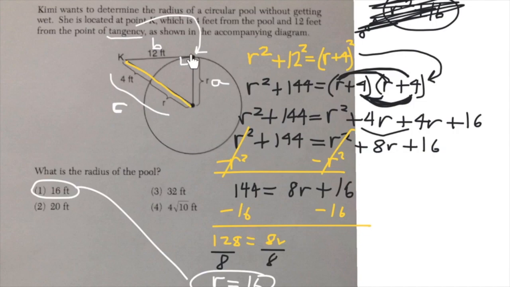Thinking that this is 12 and this would be 20 also seems a little bit out of scale. So you could cancel out probably 2 and 3 just by looking at the picture. As far as 4 radical 10 is concerned, some students will pick that as the answer because it's the one that looks different. And that's an okay strategy, I guess. When I type this into a calculator, I get about 12.6.